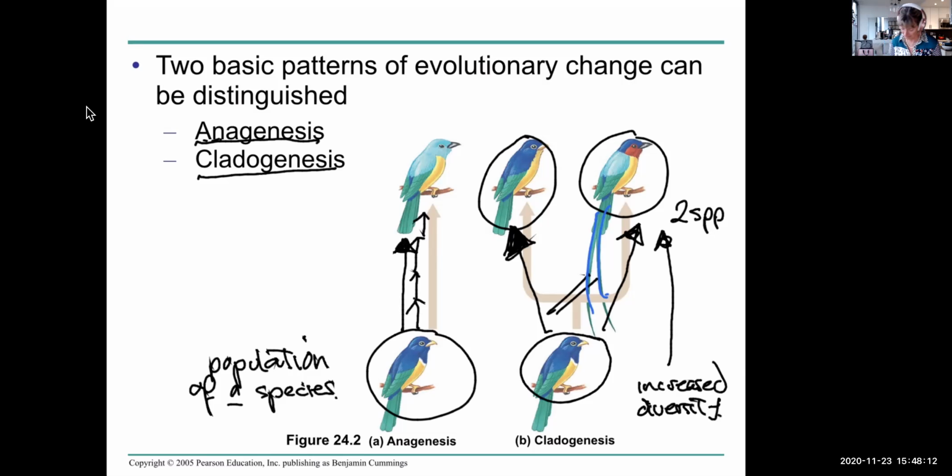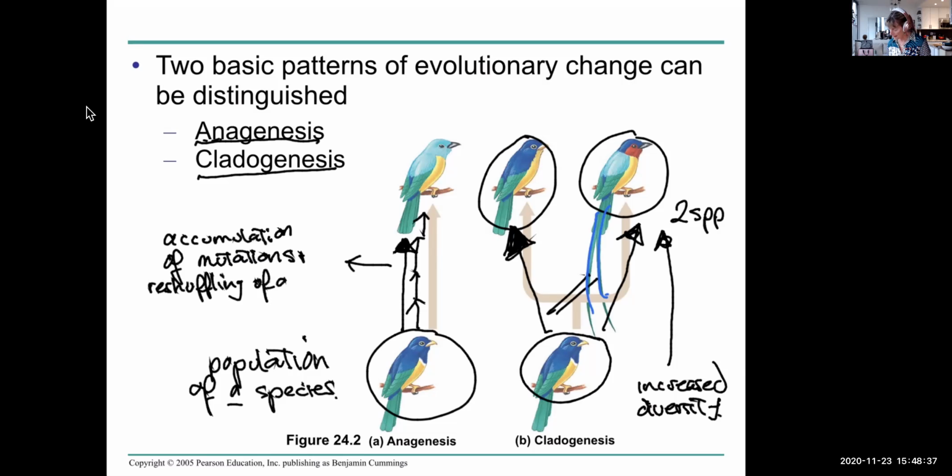And this is an accumulation of changes. Mutations. And the reshuffling of genes, generally through sexual reproduction.